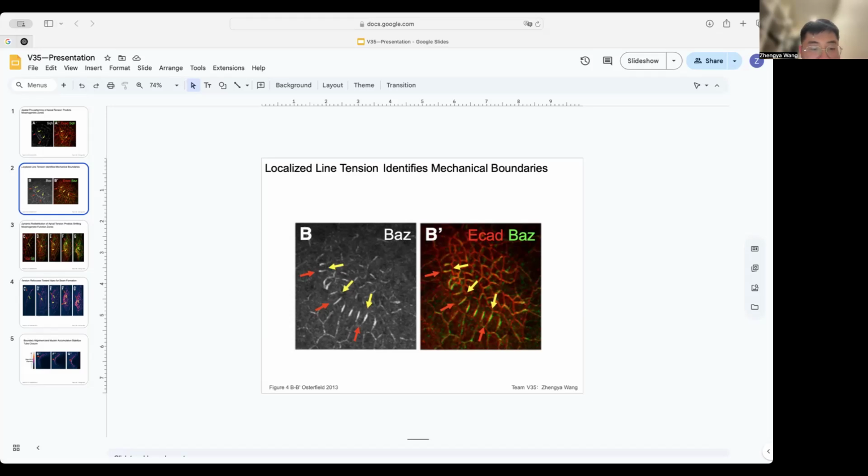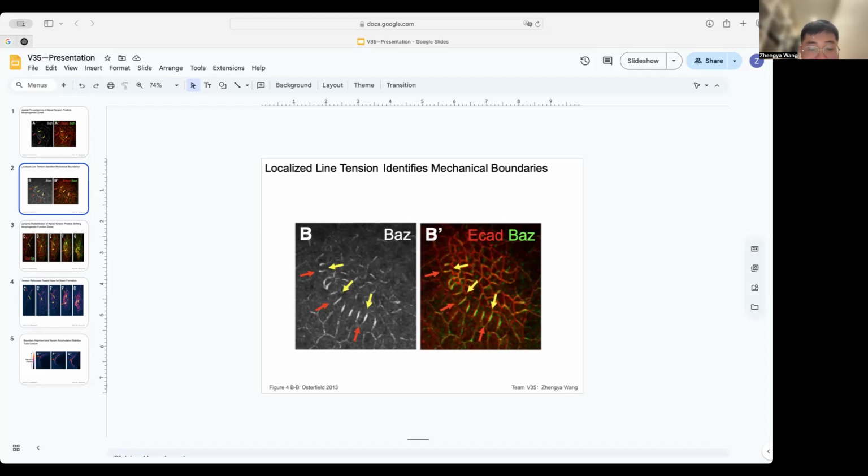The SQH-GFP signal forms a sharp, continuous line along the floor-midline boundary, while Bazooka is again reduced in this zone. This close-up demonstrates that the mechanical tension mediated by myosin is tightly localized at specific junctions, and that these sites of tension correspond to Bazooka exclusion.